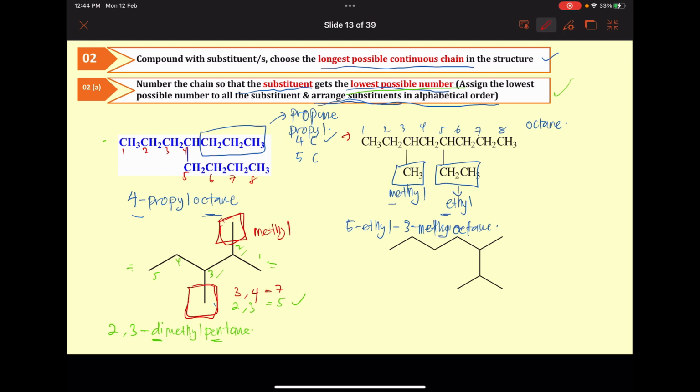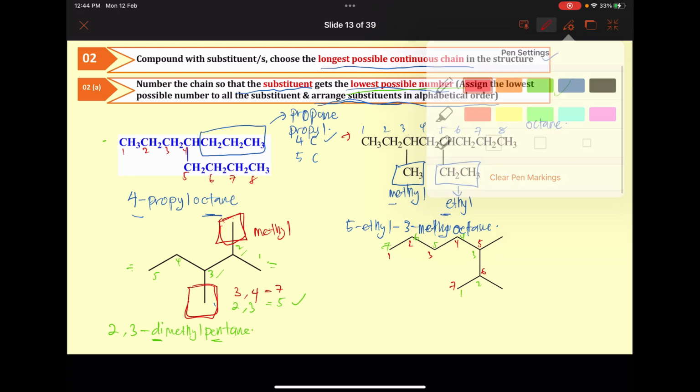We look into the next structure. Okay, as usual we need to find the longest chain of carbon. 1, 2, 3, 4, 5, 6, 7. I think 7 is the longest chain, but we can take another route. 1, 2, 3, 4, 5, 6, 7.